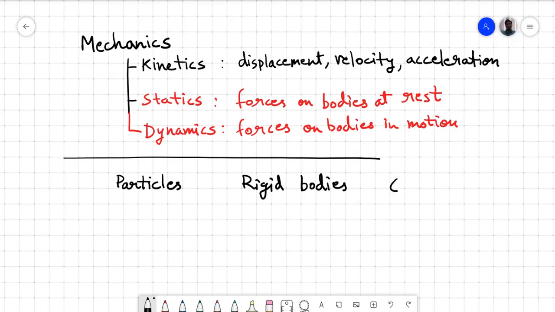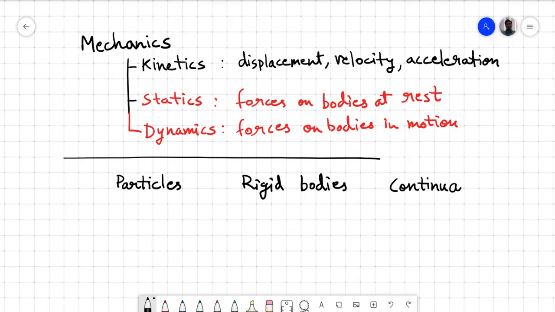So we'll call that continuum mechanics. Or for plural, we can call it continua.